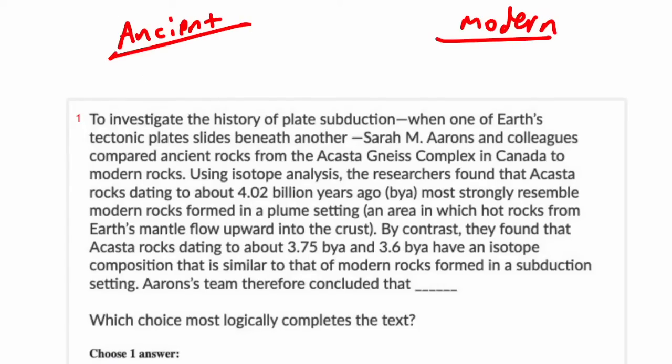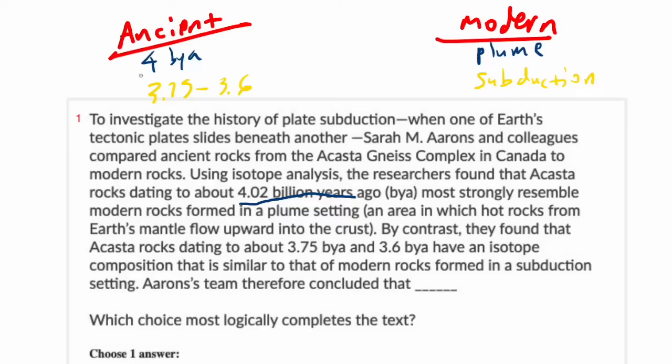What we need to do instead is look at the ones 4 billion years ago, and those resemble modern rocks formed in a plume setting, whereas the ones found 3.75 to 3.6 billion years ago resemble ones found in a subduction setting.